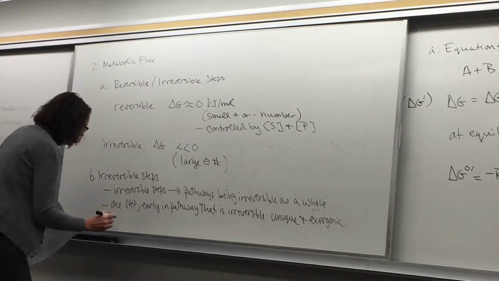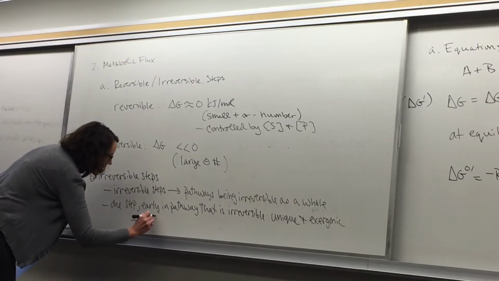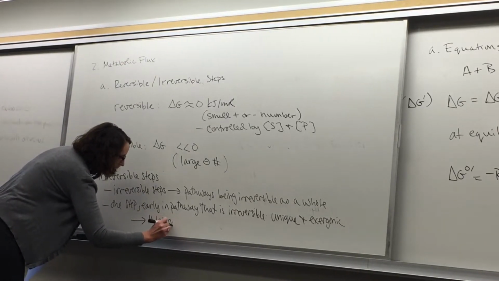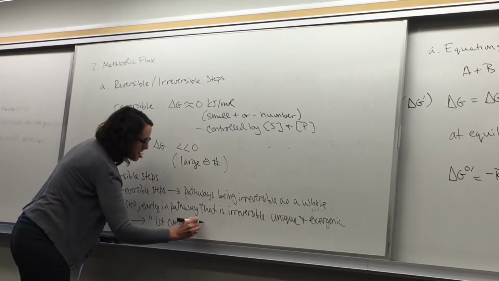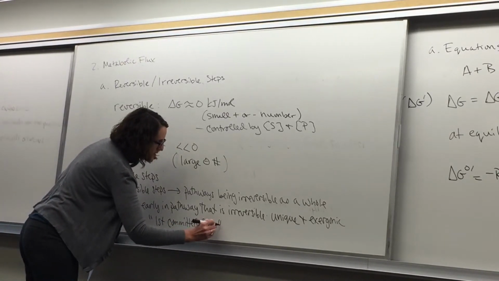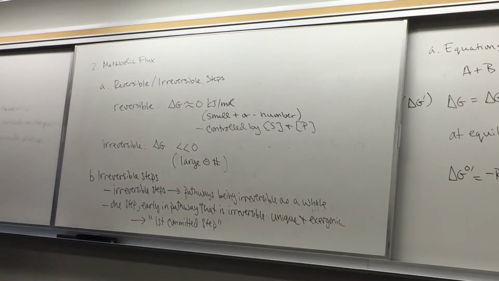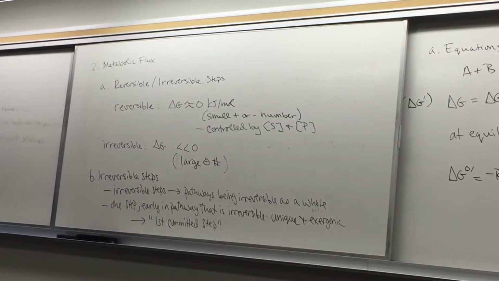When we have that, that becomes known as our first committed step. Meaning if the substrate for that particular step, that committed step, makes it through that reaction, it has to finish the pathway. There's no turning back at that point.